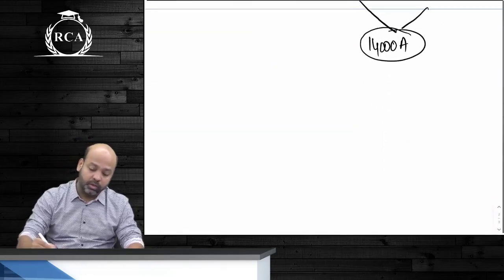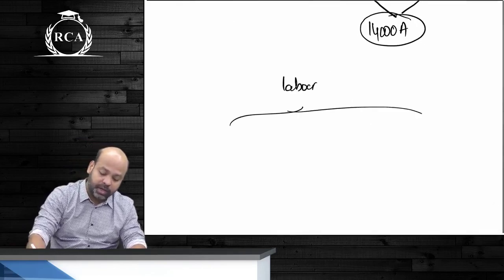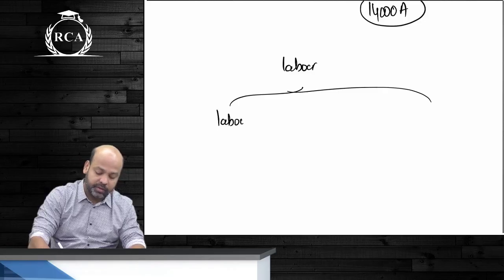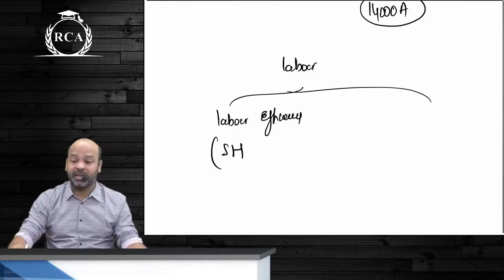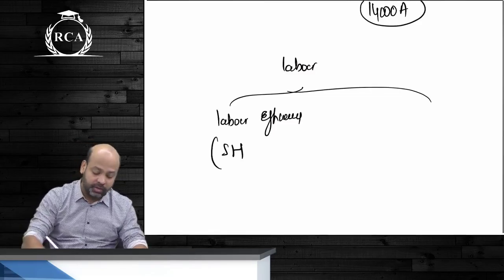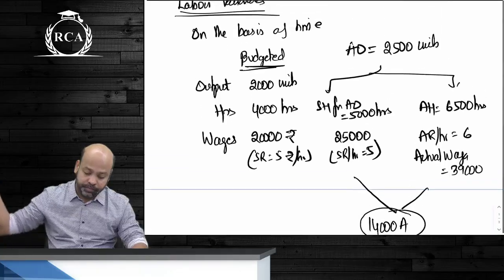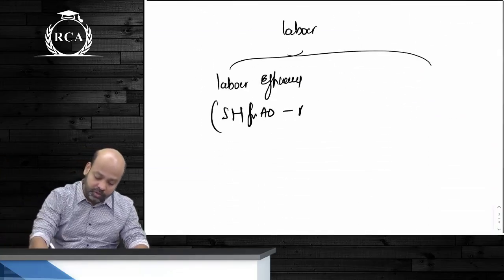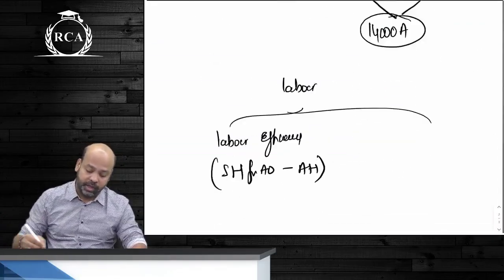Now, Kajal, you determine the formula. What do you think should be the formula for labor efficiency variance? Very good. Standard labor hours. Instead of writing ST as I wrote in the labor chapter, hereafter we are going to write SH: standard hours for actual output minus actual labor hours, measured at standard rate.